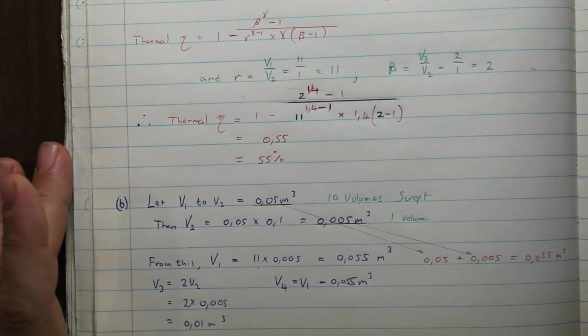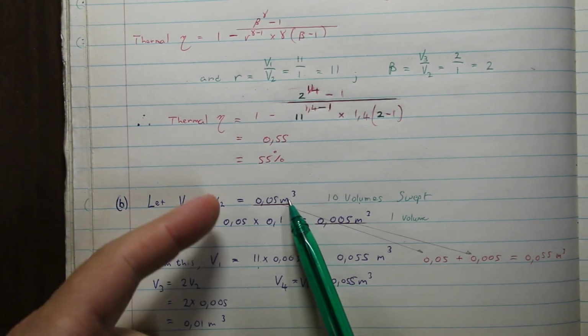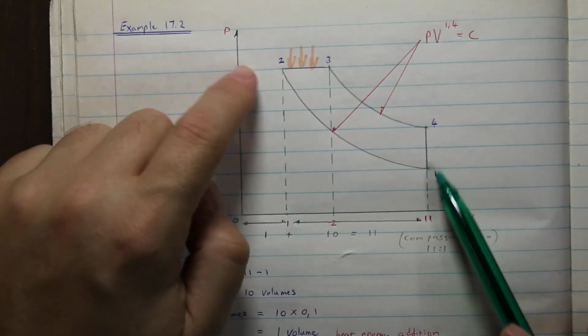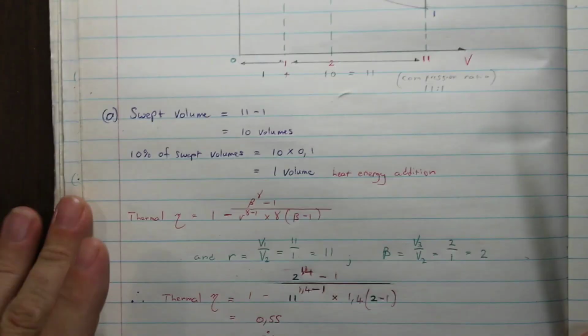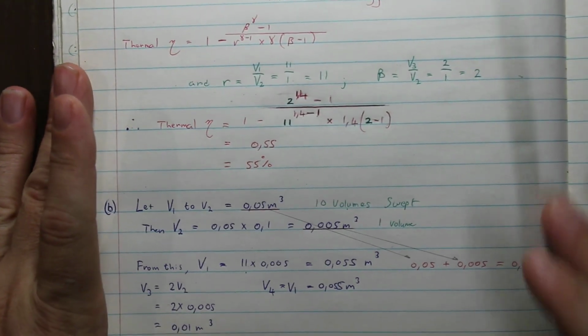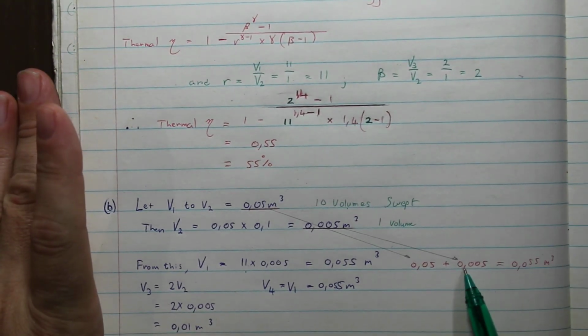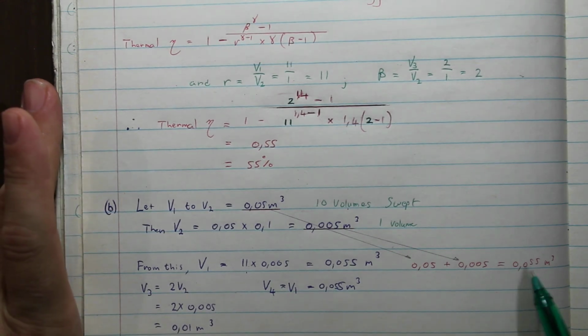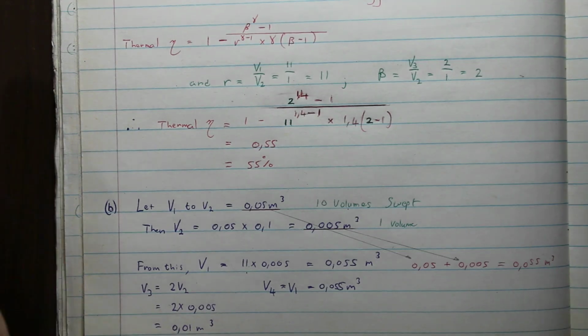Or you can just say what it pulls in from the cylinder, which is between V1 and V2, plus V2. So it's 0.05 plus 0.005, and you get V1, which is 0.055 meters cubed per stroke. So that's quite easy as well.